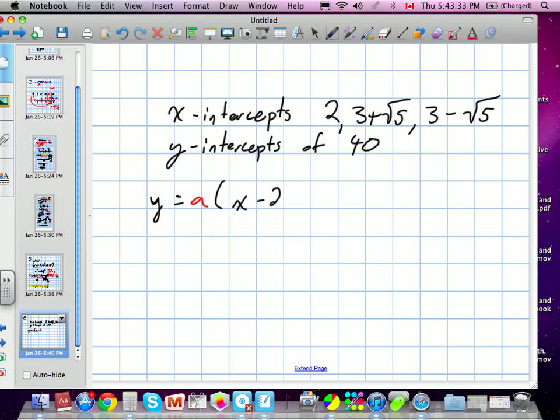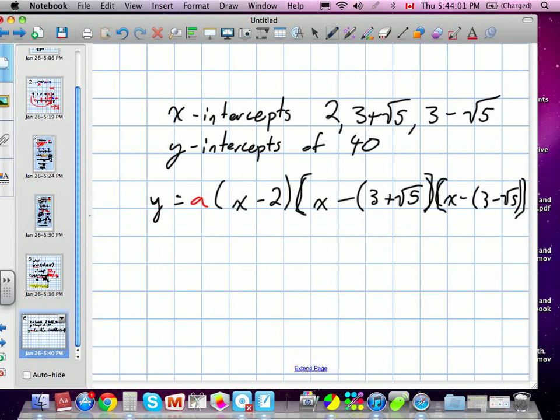Now in our next one, we're going to have x minus the opposite of this value, 3 plus root 5, and x minus 3 minus root 5. Technically, there should be a third. Okay, so here are our forms.